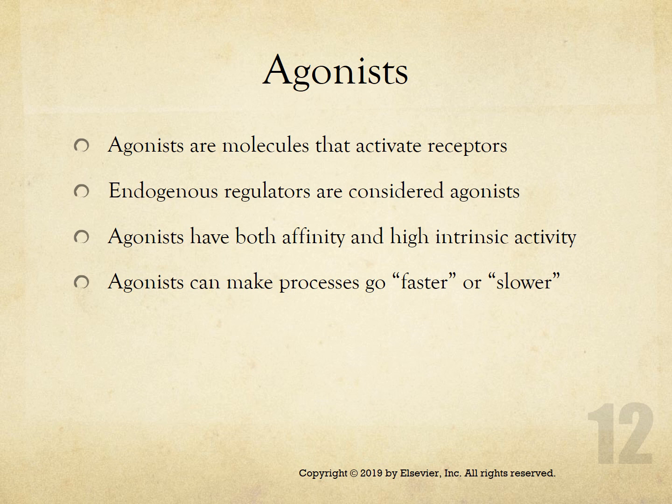Agonists are molecules that activate the receptors. Their endogenous regulators are considered agonists. Agonists have both affinity and high intrinsic activity, and agonists can make processes go faster or slower. So when you want to give a med to give the effect that you want, you're typically giving an agonist.